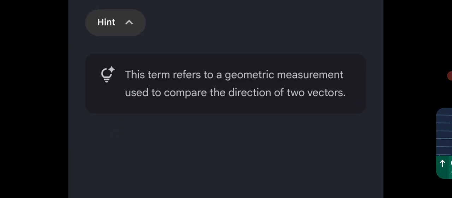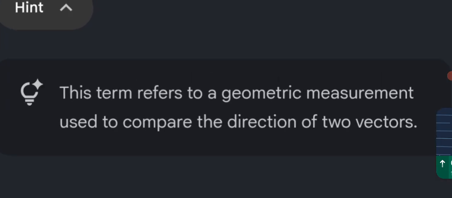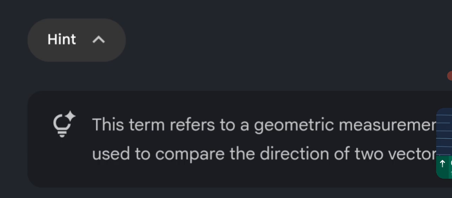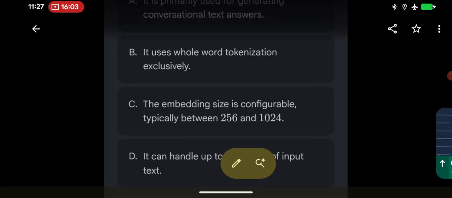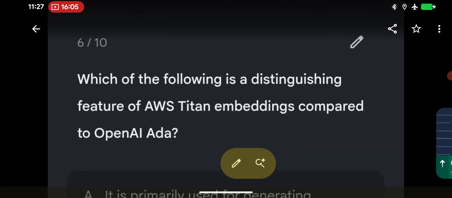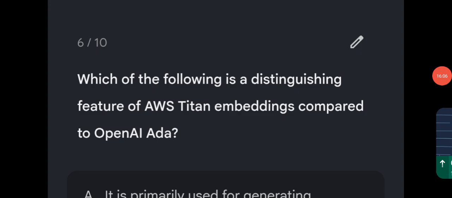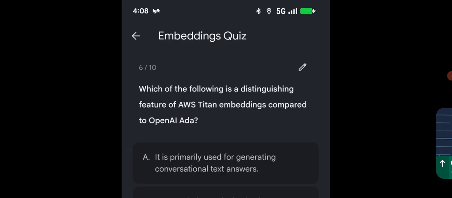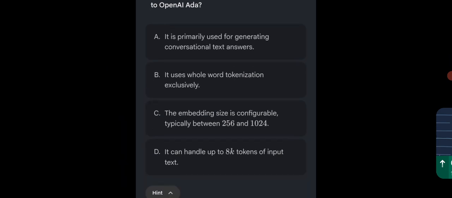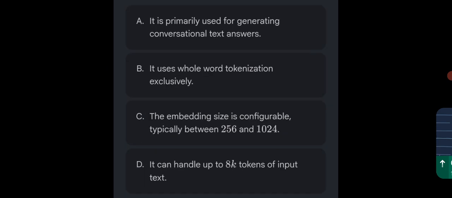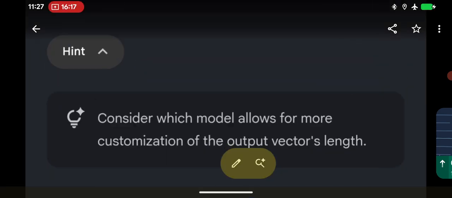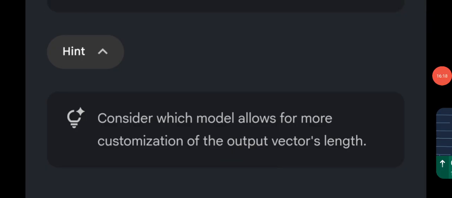Here are the options, and here is the hint. Next question. Which of the following is a distinguishing feature of AWS Titan embeddings compared to OpenAI ADA? Here are the options, and here is the hint.